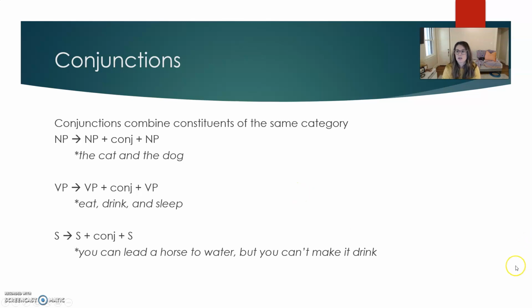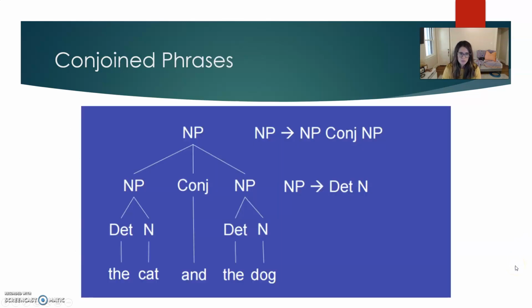So I'll show you what that looks like within a tree. If we can join phrases, so this was NP plus NP, we have the cat and the dog. So you'll notice that that whole thing is one big noun phrase. And then we have a noun phrase plus a noun phrase.